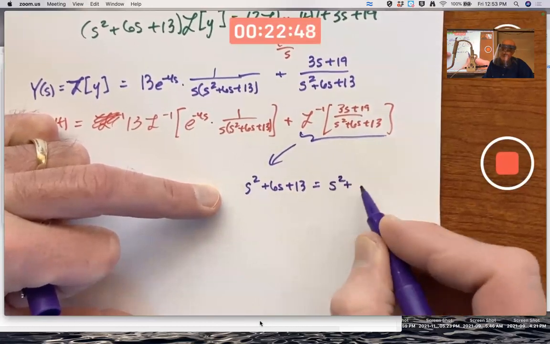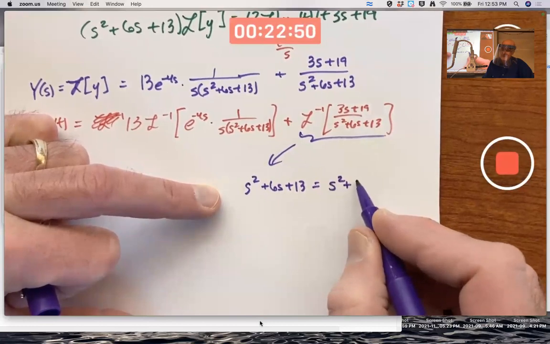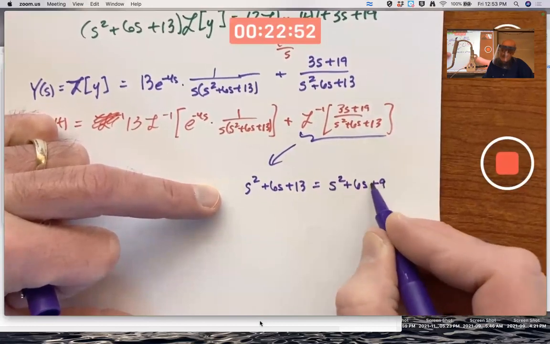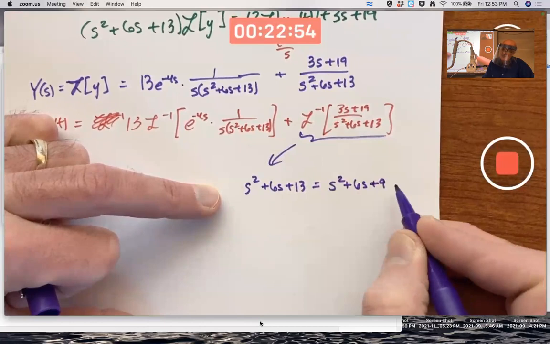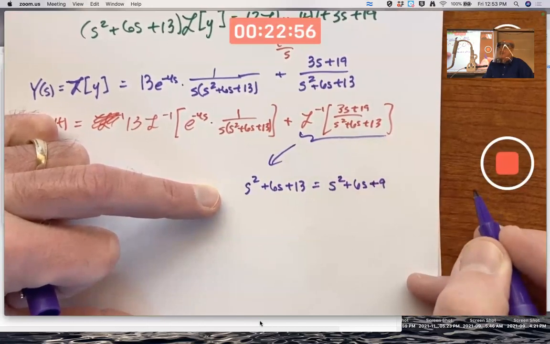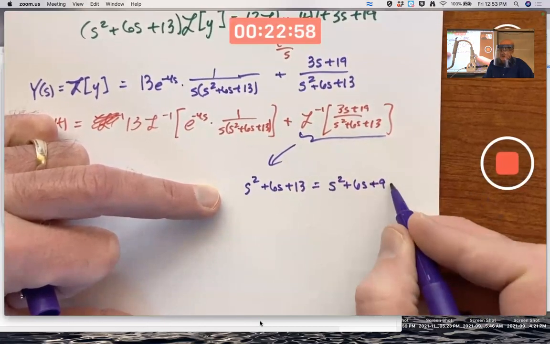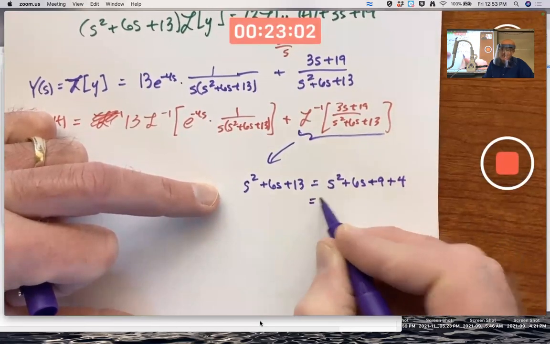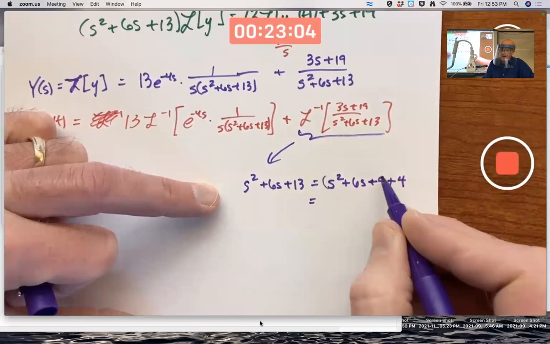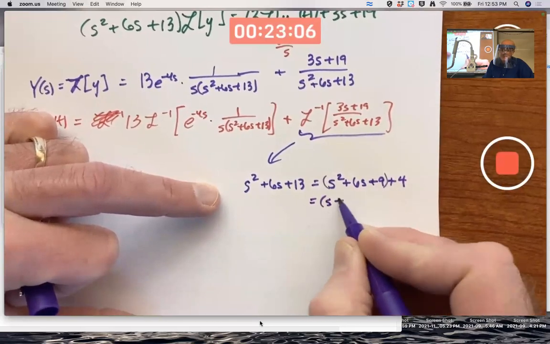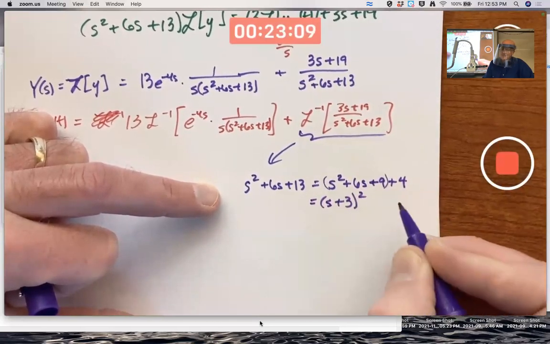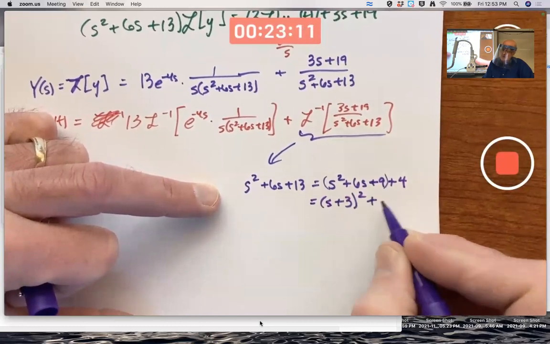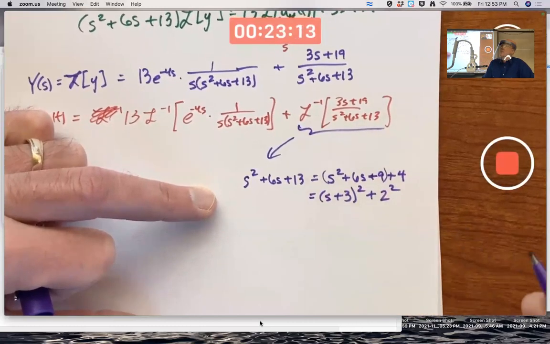Rewrite this function as s squared plus 6s plus 9 plus 13 minus 9 to cancel the 9s, which means 13 minus 9 is plus 4. And the reason I did that is because this part is now a perfect square. It's s plus 3 quantity squared plus 4. And 4 is also a square. I'm going to write it as 2 squared.